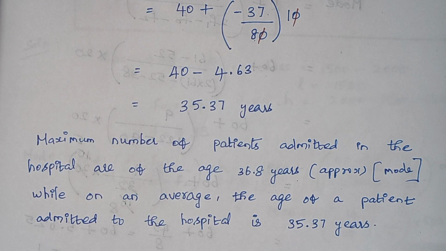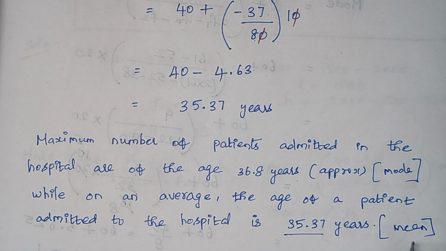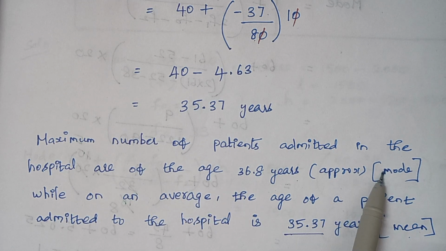Whereas on an average, when you take the average, the age of the patients who are admitted to the hospital is 35.37 years. So this is nothing but our mean. Mean always refers to the average, and mode always refers to the maximum number.